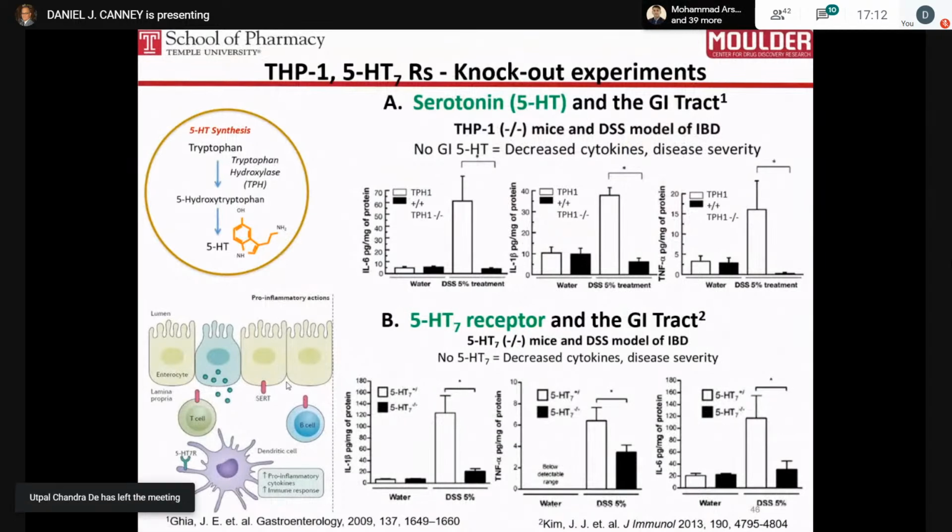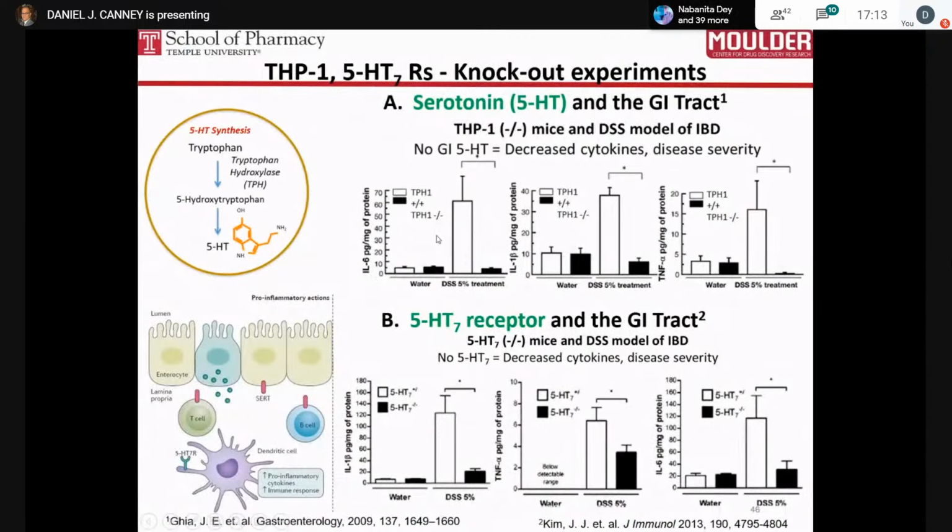At the top, we have the TPH knockout mice, and remember that's the enzyme that synthesizes serotonin. And we're looking at cytokines. So this is interleukin 6, interleukin 1 beta, and TNF alpha.